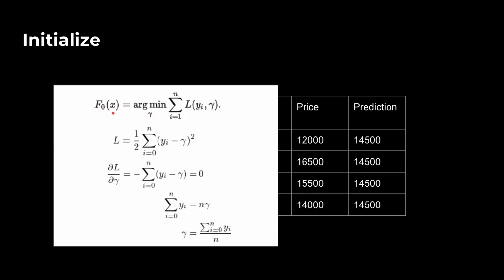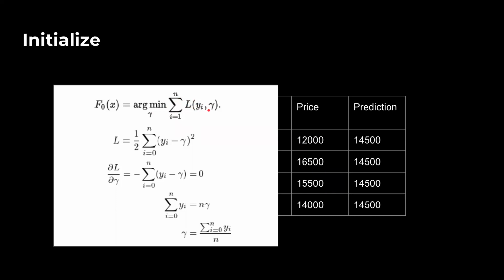So basically the optimal prediction off of our input at step 0 is this optimization where we find the gamma that minimizes the loss between y_i, which is the expected value, the price in this case, and gamma, which is supposedly the prediction. And we want to minimize the sum of some loss between these two, right?